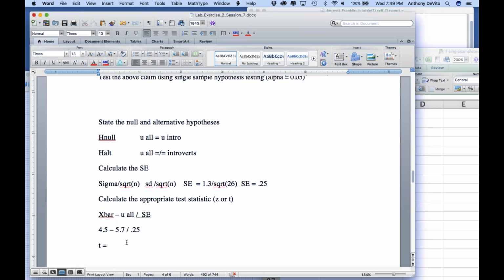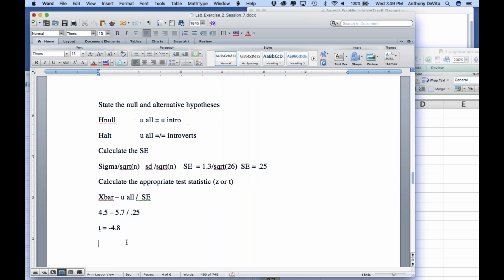Negative 4.8, positive 4.8, doesn't matter. Okay, so what is my critical value of t? First of all, t came out to be a very large number, so my inclination is to think that this is really a significant difference.